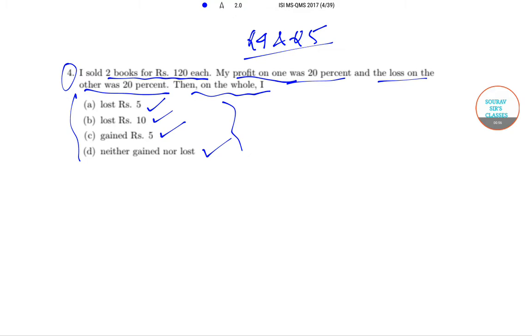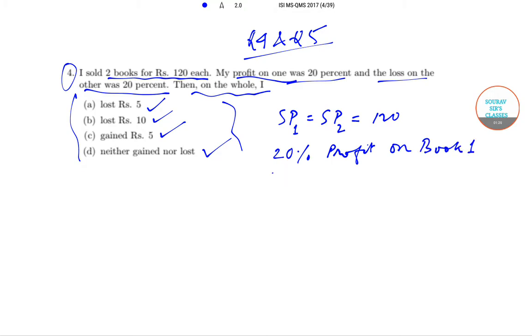So basically I had 2 books which I sold for 120 each. So the selling price of book 1 and the selling price of book 2 was 120 rupees. And the profit on book 1 was 20%, and there was a 20% loss on book 2.